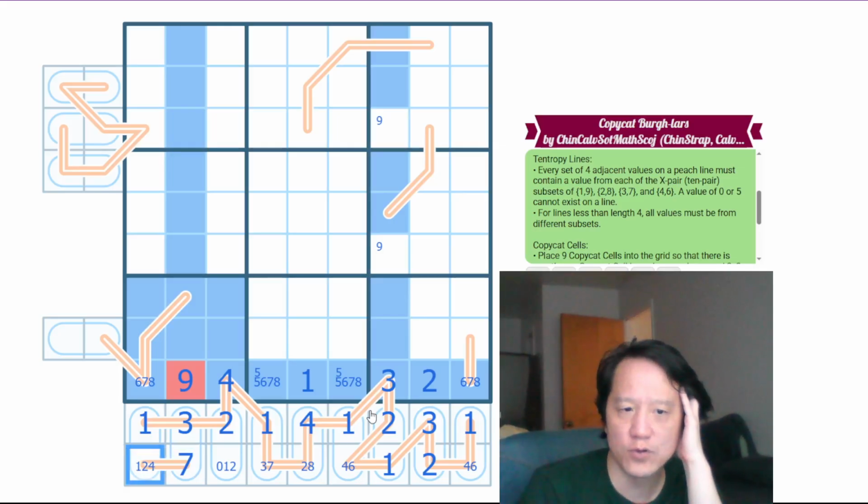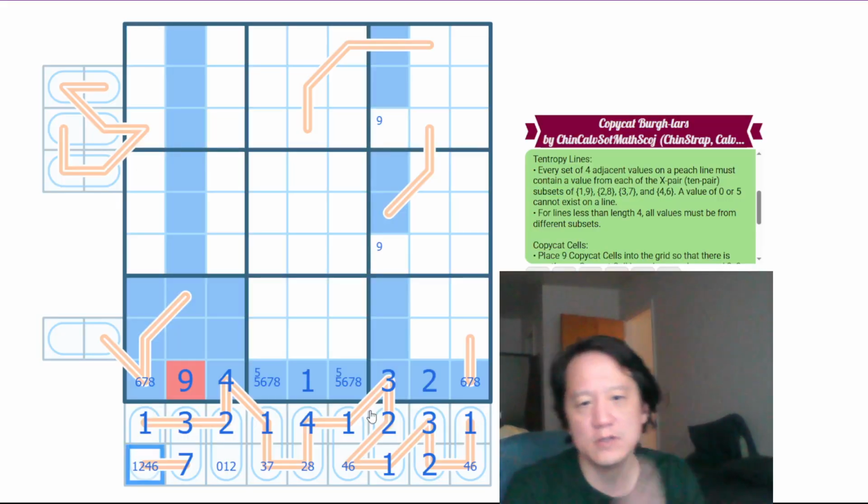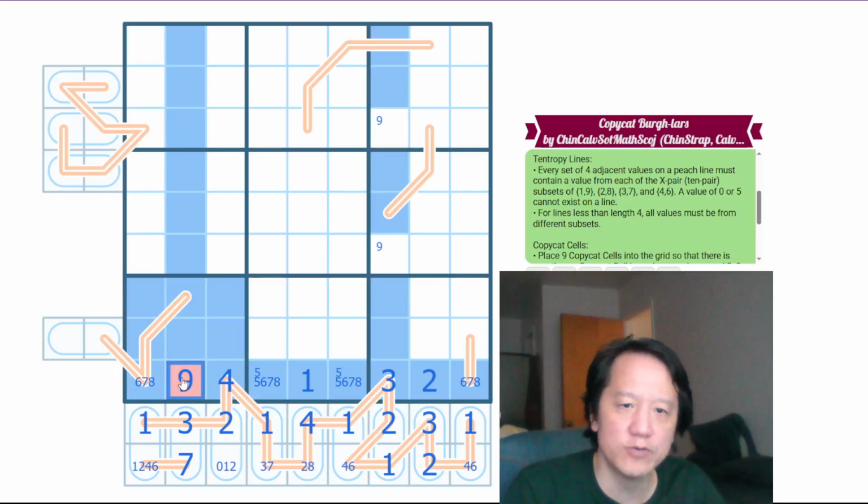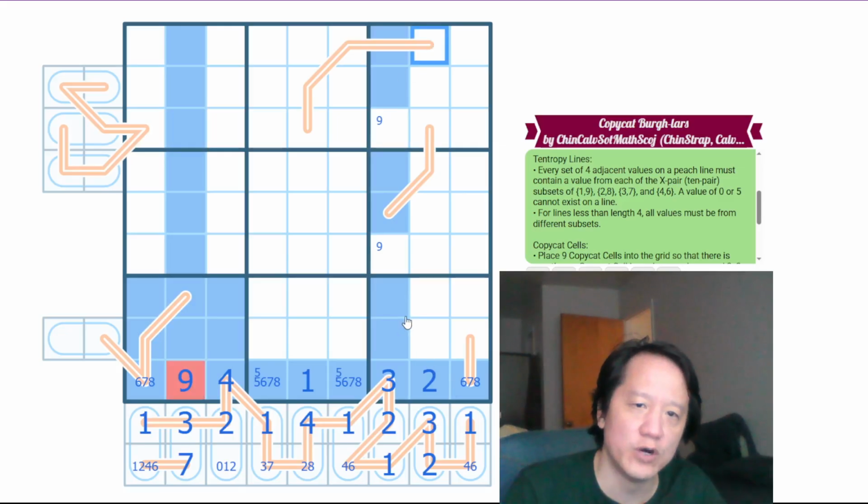So it could be 4 and 6 here. Those are the possibilities. So this is a 9, which means we have to have a value of 1 there. Or a digit of 1, I should say. So that's 1.